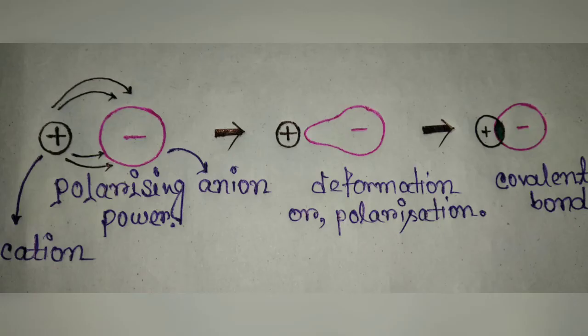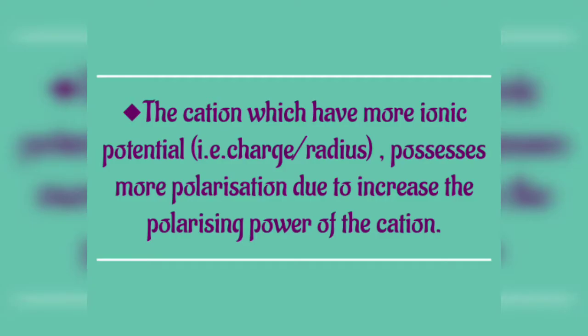The cation, having high polarizing power, attracts the electron density from the anion and creates an overlapping zone. Thus, polarization takes place and covalency is introduced. Now, ionic potential is the ratio of the charge of the ion and the radius of that ion.